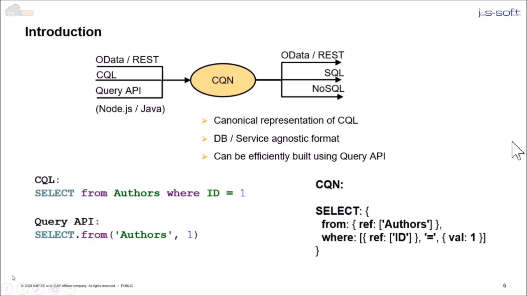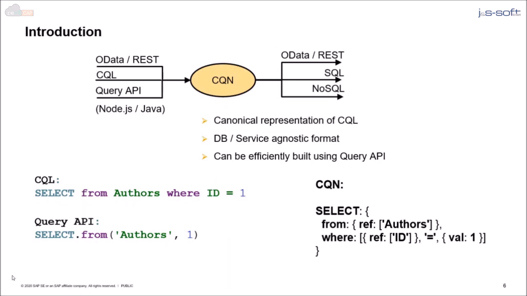Here are a few examples. You see here a simple SQL statement saying we want to select data from the entity called authors with a simple condition saying ID is equal to 1. And on the right-hand side, you see the CQN representation of this request. This is the internal format which we use inside of our CAP application.